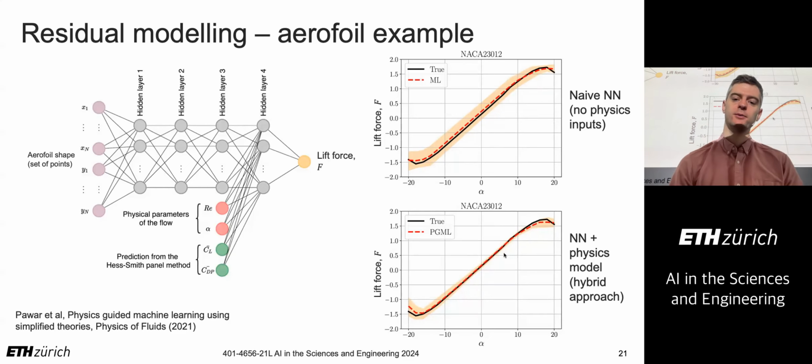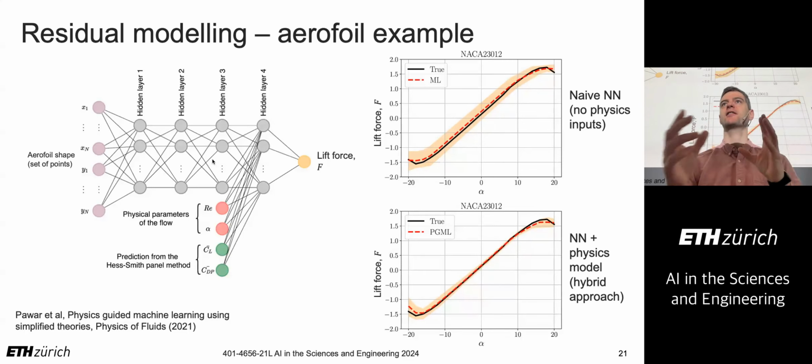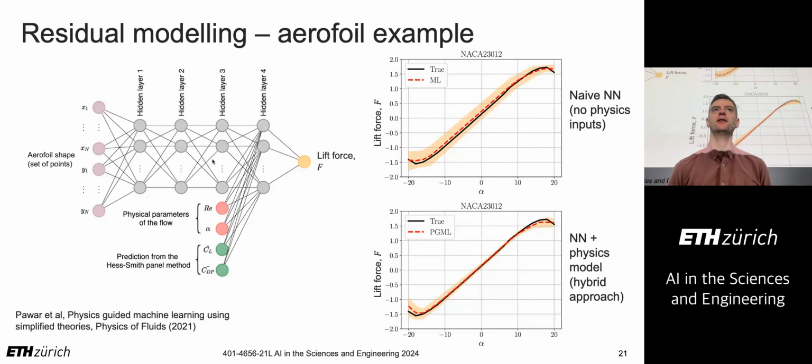What I find interesting as well is these orange error bars here. So what this is doing is estimating the uncertainty of the neural network's prediction. So the way that they did this in this work was very simply to train an ensemble of neural networks, and each neural network just had a different random initialization of the weights. And this is just quite an easy way of getting uncertainty predictions from neural networks.